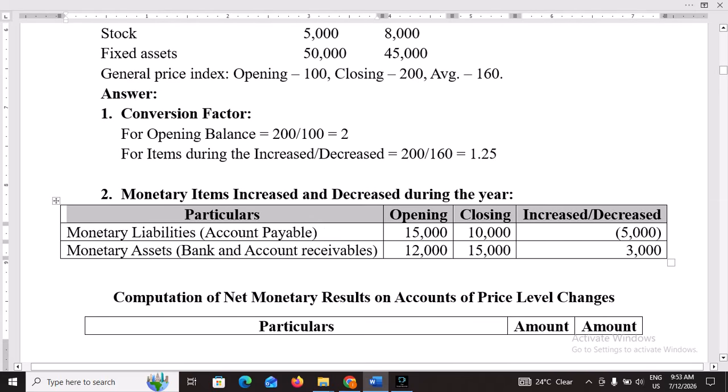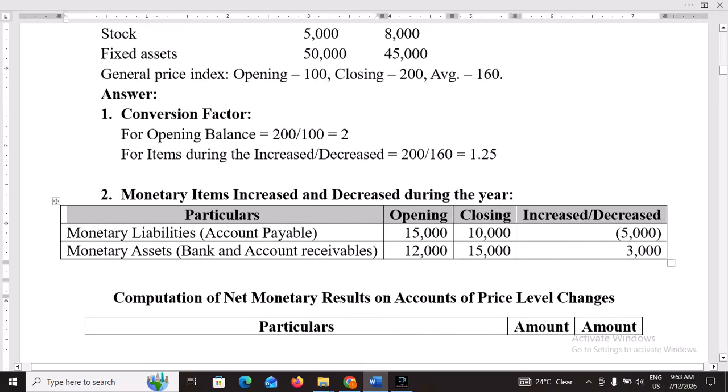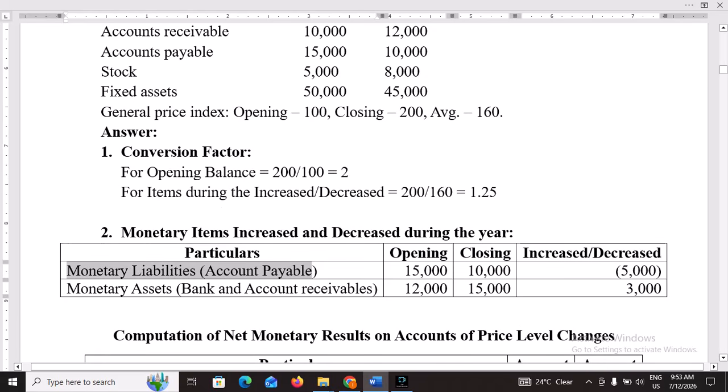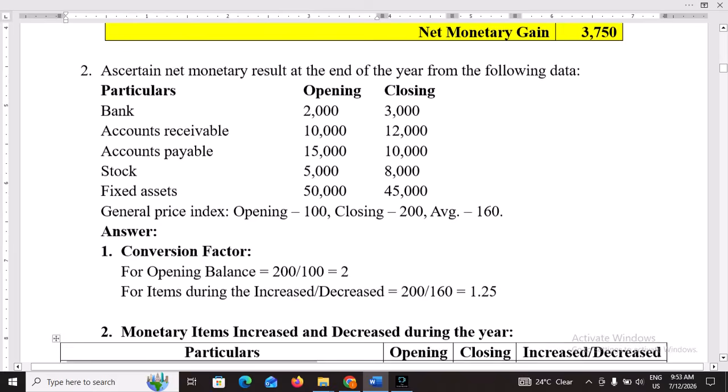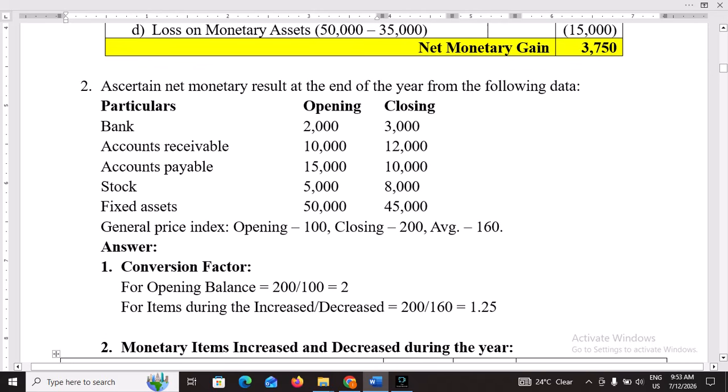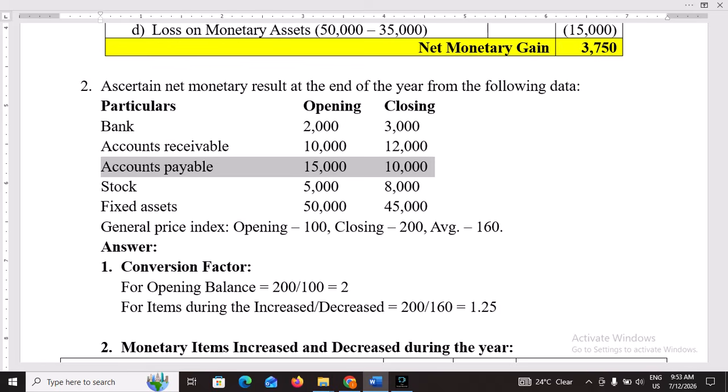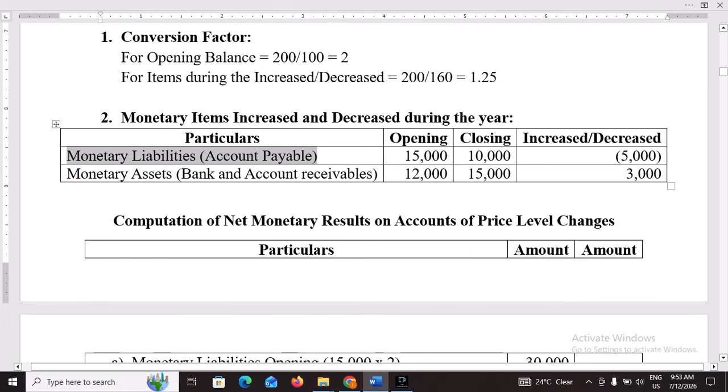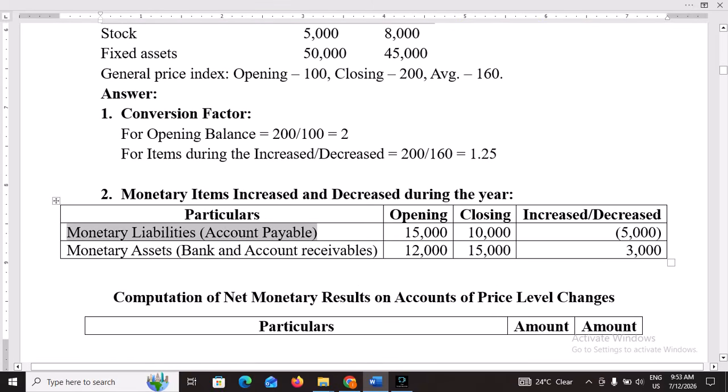First, monetary liabilities. Which is the monetary liability? Only one, accounts payable. The rest are all monetary assets, not fixed assets or stock.